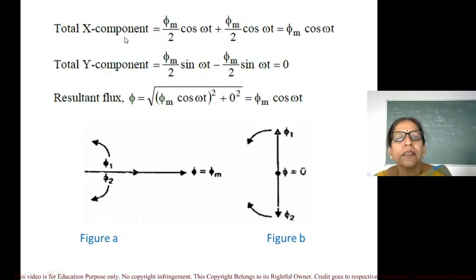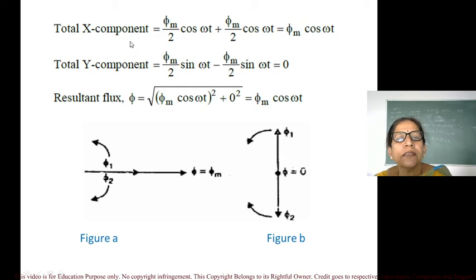So the total x component of the flux will be x component of phi 1 plus x component of phi 2. So if I want to find out the total flux, which is phasor summation of phi 1 and phi 2, I can complete the process of addition by splitting up the two fluxes along x-axis and y-axis, and we'll add two x components together and two y components together.